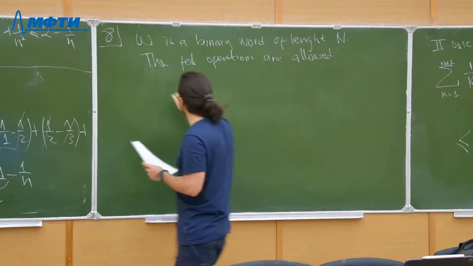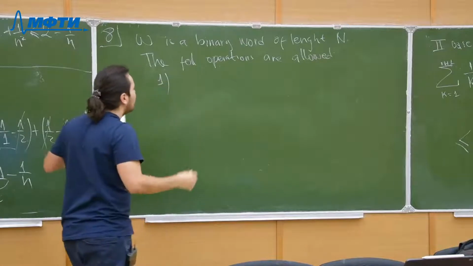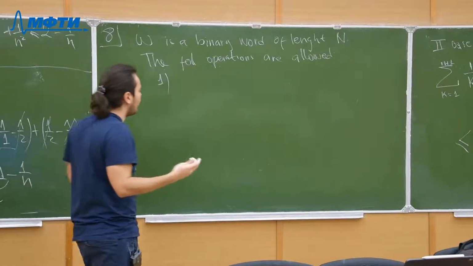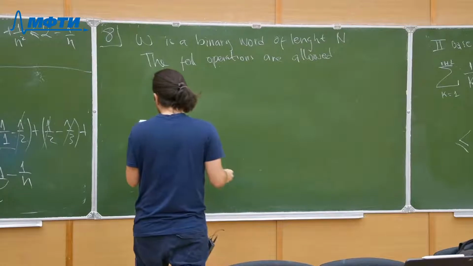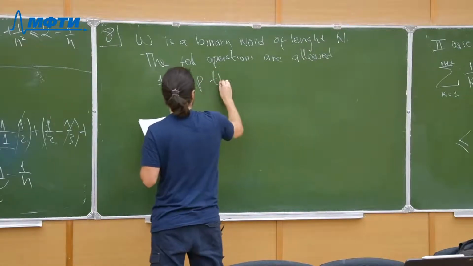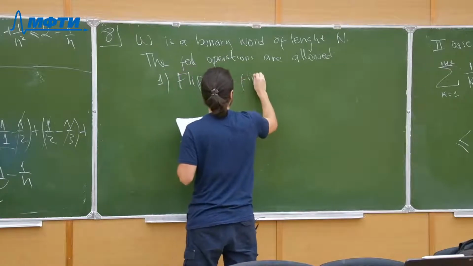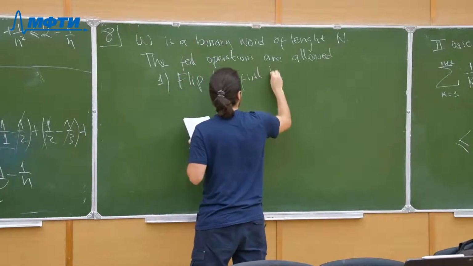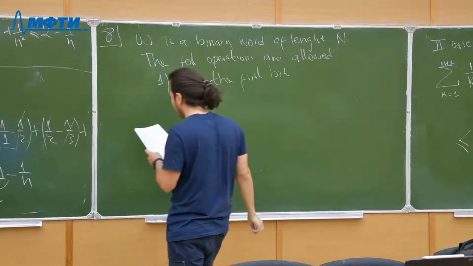So the first one, so we have a word and we can do the following with this word. So we can flip the first bit, right?